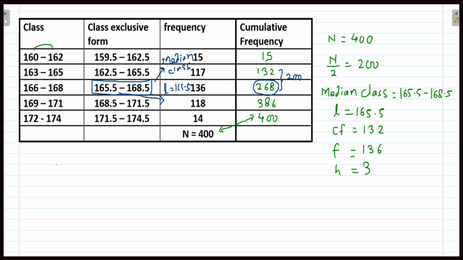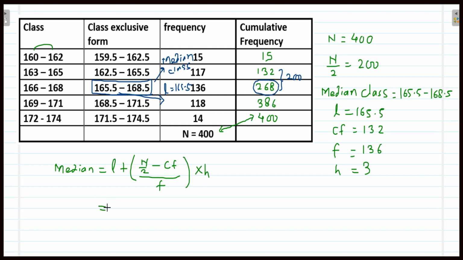Now we find the median. So median is equal to L plus into bracket n by 2 minus cumulative frequency divided by frequency multiplied by h. Now put the values. So L is what?